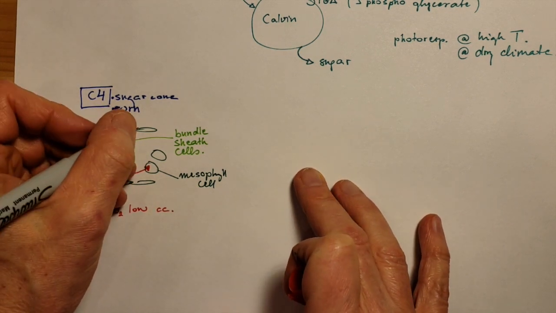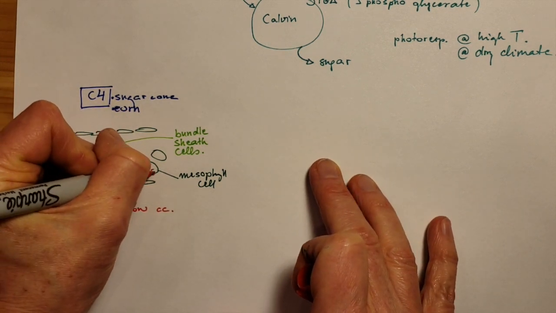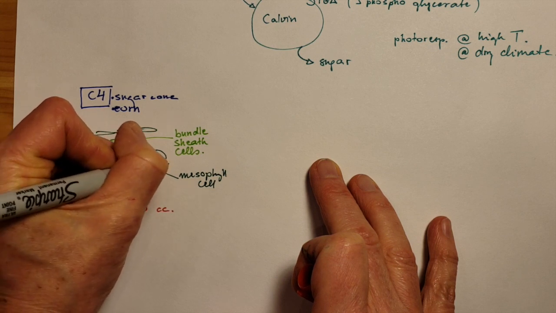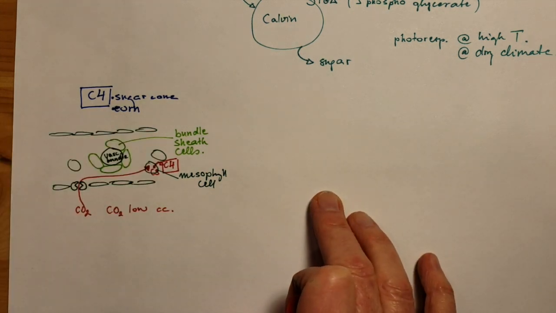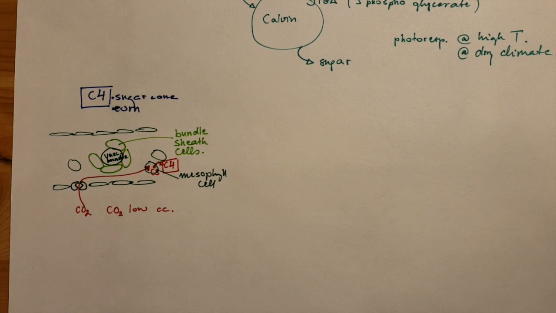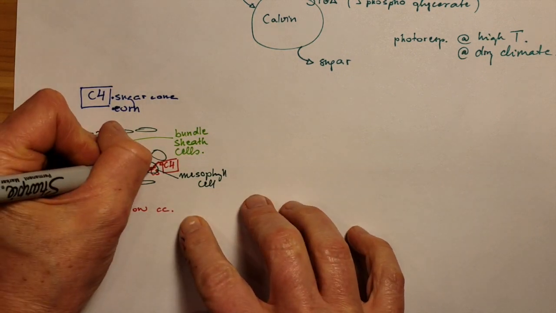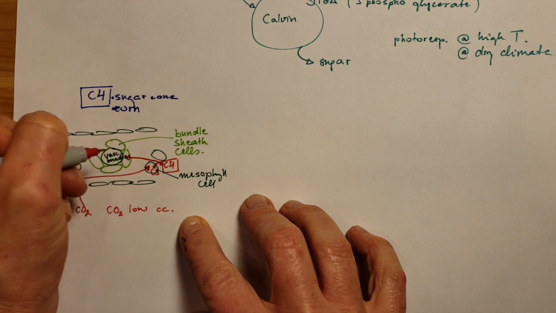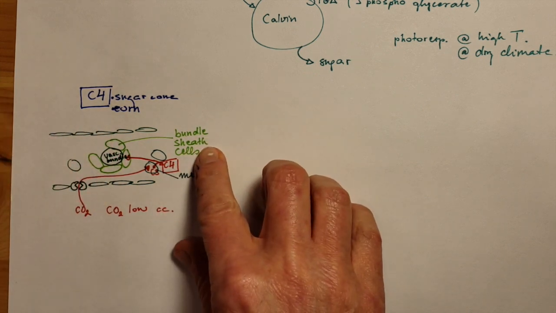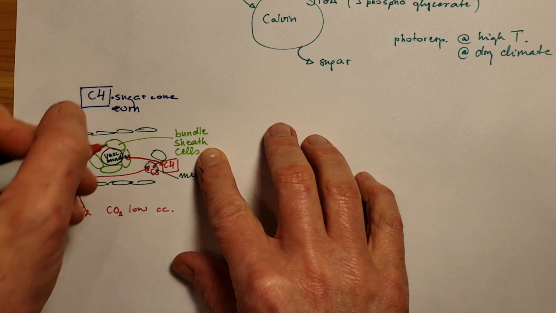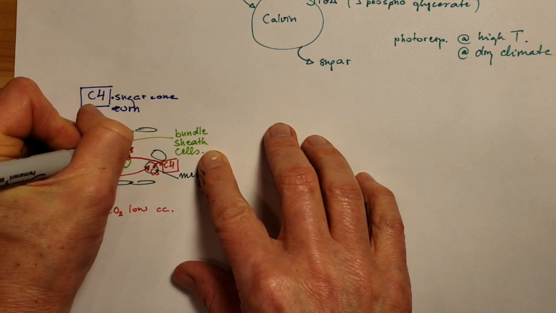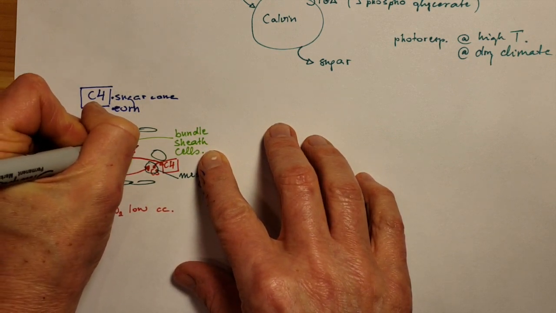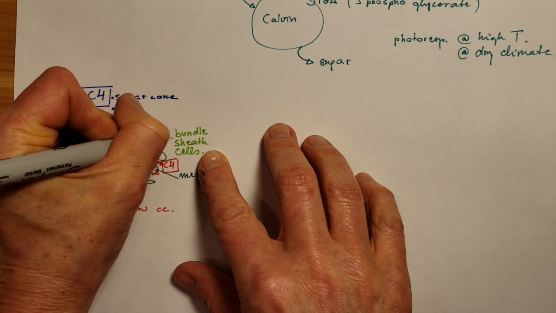They will combine with this carbon 3 to form carbon 4, and the carbon 4 is going to be transferred into the bundle sheath cells, and that C4 over there is going to be split again to C3 and carbon dioxide, where the carbon dioxide can freely enter the Calvin cycle.